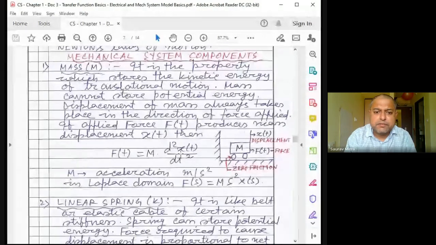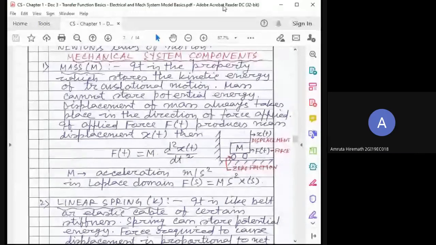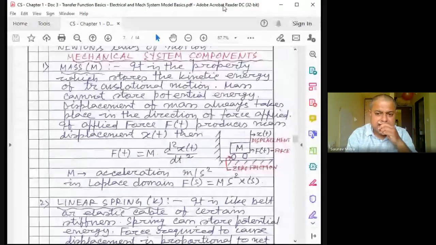Can you confirm? Yes sir. Okay, so x is displacement, dx/dt is the velocity, and d2x/dt2 is the acceleration.